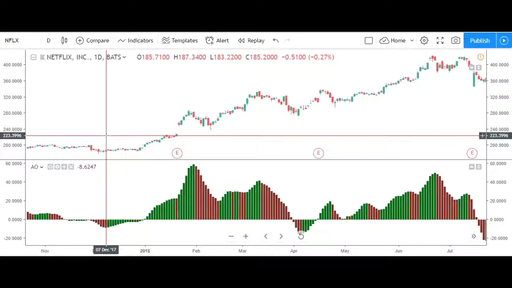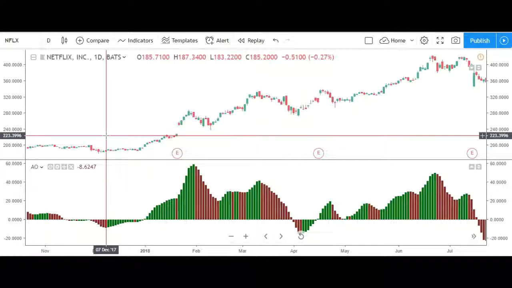But for the most part, this indicator works very, very well. It's a very good indicator to use on your charts. It shows a lot of different movements, and it's simple to learn and simple to use. Every time it's green, that means that it's still moving up compared to the 34 moving average.